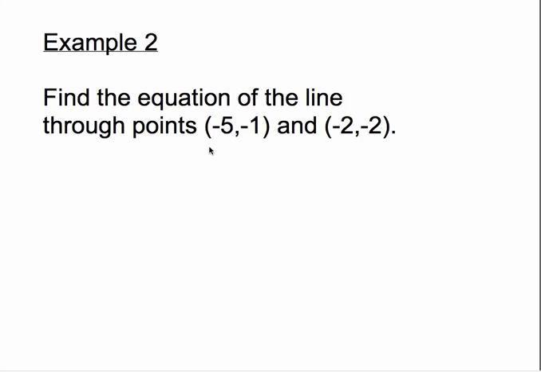In the next example here, we have to find the equation of a line through 2 points. So just like in the other examples we did, we have to find the slope first. So we're going to use the slope formula to find the slope. I'm going to do that up here. Slope equals y2 minus y1 over x2 minus x1, which equals -1 minus -2, be careful with your negatives there, over -5 minus -2.